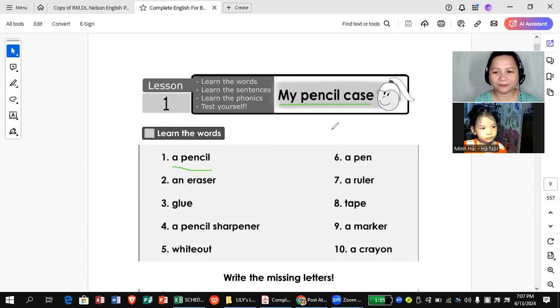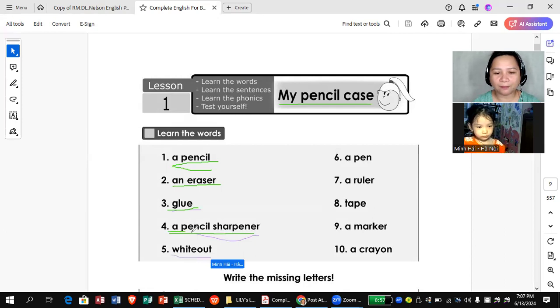For number one, please read the number one. A pencil. An eraser. Eraser. Glue. Okay. A pencil sharpener.